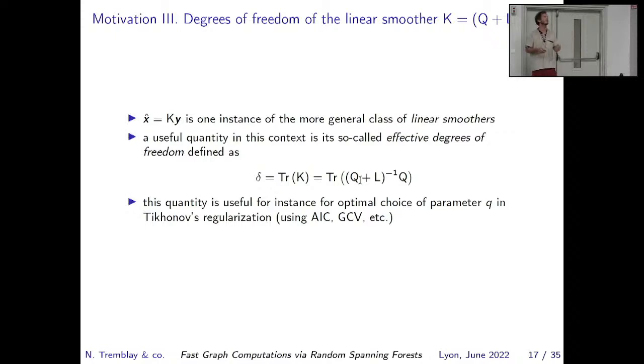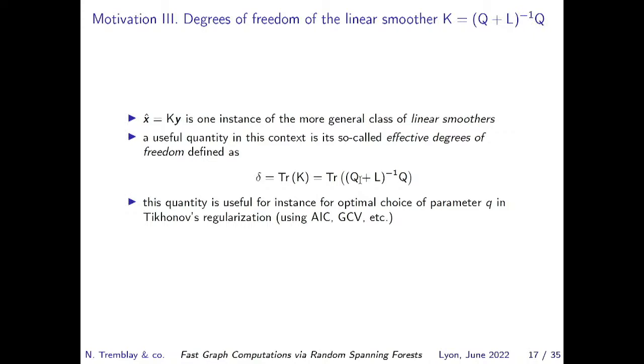I'm not going to go into the detail, but there are some choices of parameter that follow some criterion, like the AIC, like GCV. There are several techniques that use this trace. So you want to compute this trace to have some information on how to choose q. While computing this trace, again, you need to solve the inverse of the Laplacian. So how can I compute this trace here without inverting the Laplacian?